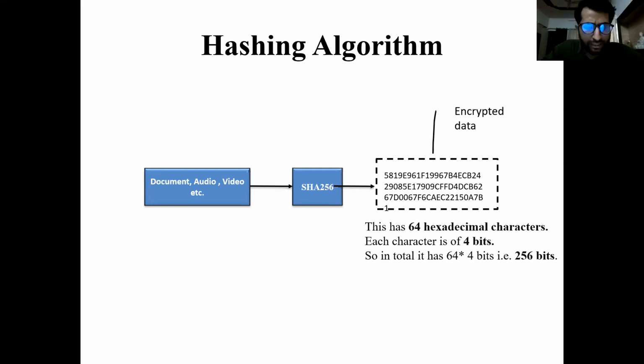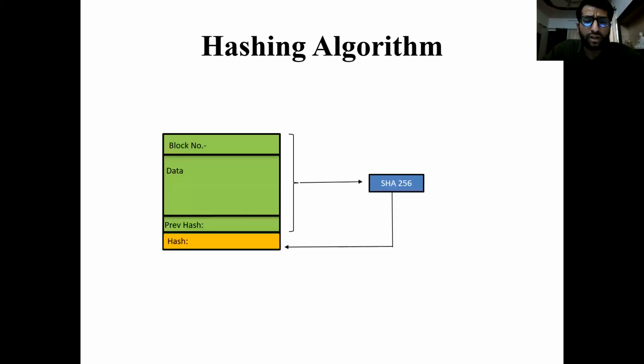Is that clear? So what we are trying to do is pass all the data to that hashing algorithm, and you will get the hash, the encrypted code for that block. Let's try one more example. Just a second.